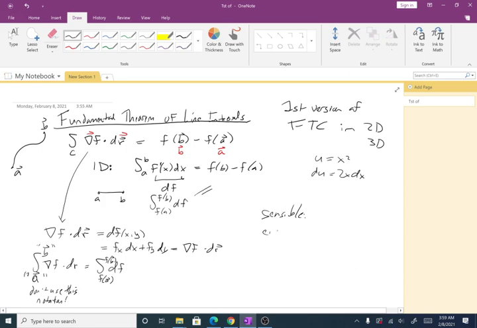I think it's also sensible. Because, for example, if we had this line integral, x squared dx plus y squared dy, it kind of makes sense that we should be able to call this d of 1/3 x cubed plus d of 1/3 y cubed. And we should be able to just integrate this thing, right?